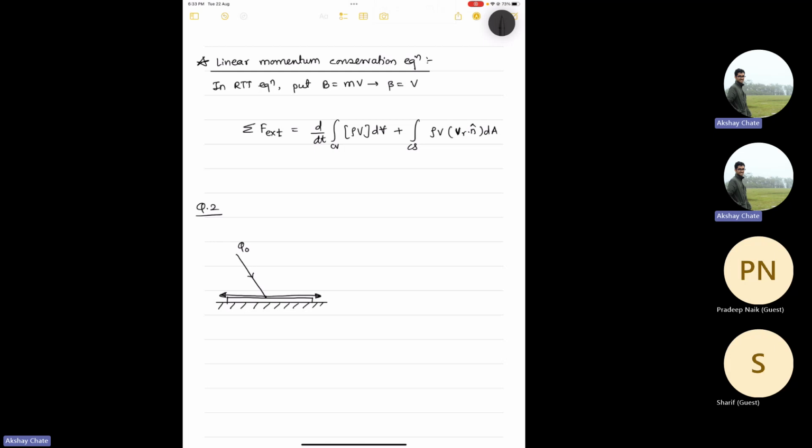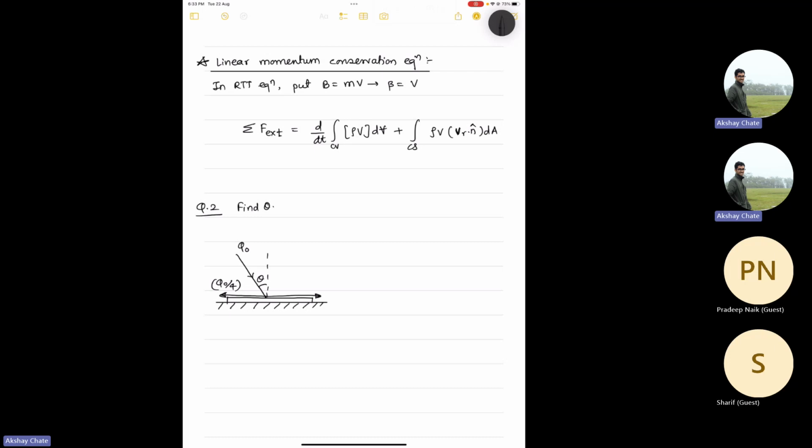It is given that 1/4 of the fluid goes in this direction, and there is this angle of impingement which is called theta. We need to find theta. That is the question, and nothing else, no other information is given.